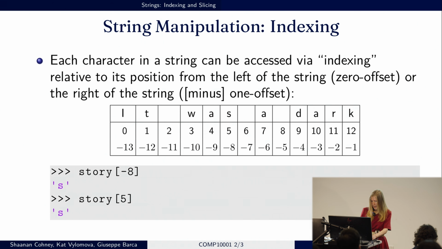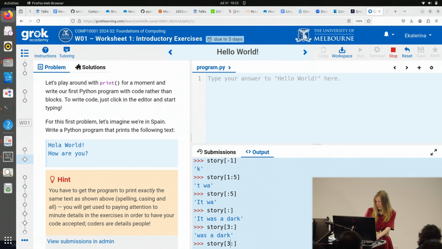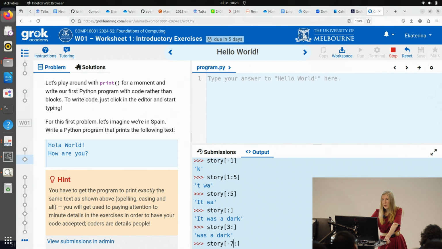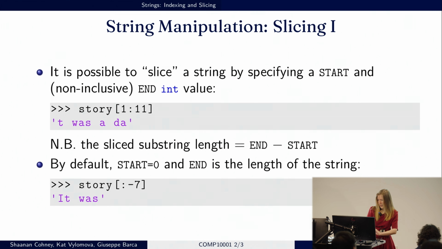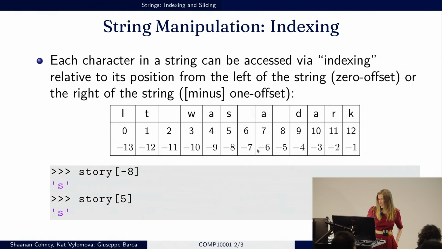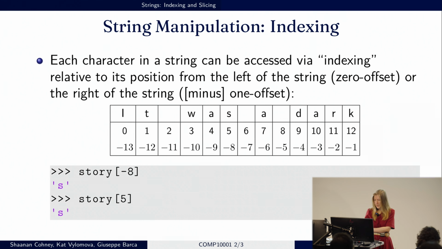Now let's do some practice with negative indexing. Who can tell me what will be returned if we specify that we start at position -7? So the position -7 is here. What substring will be returned if we say that we start at position -7 and go until the very end? What will be the return string?